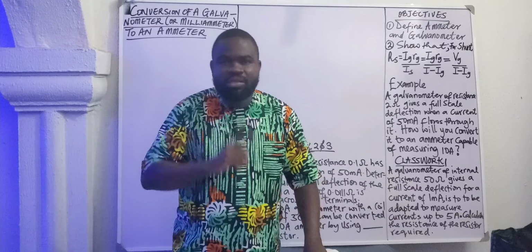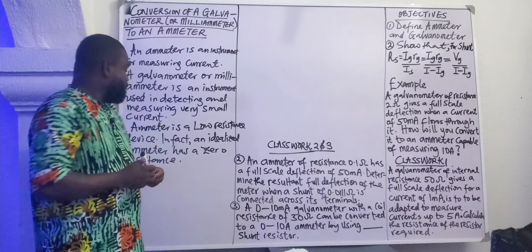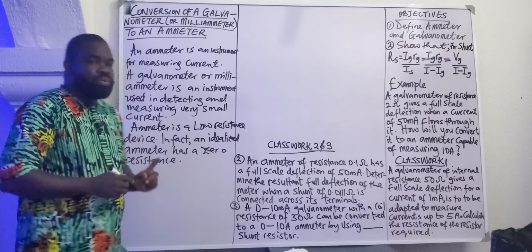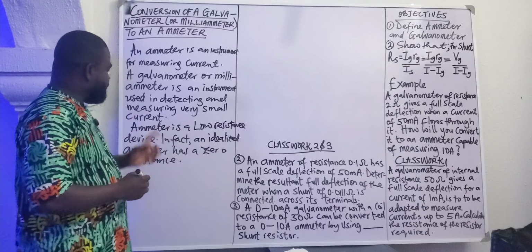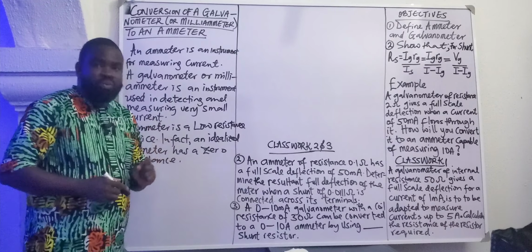That's a question on its own. An idealized ammeter has zero resistance. The ammeter is always connected in series to the circuit. Why? So that it can measure directly the current that enters or leaves that circuit.